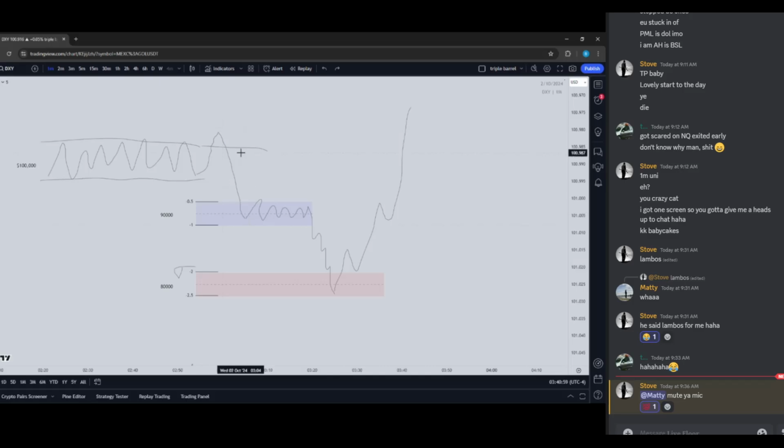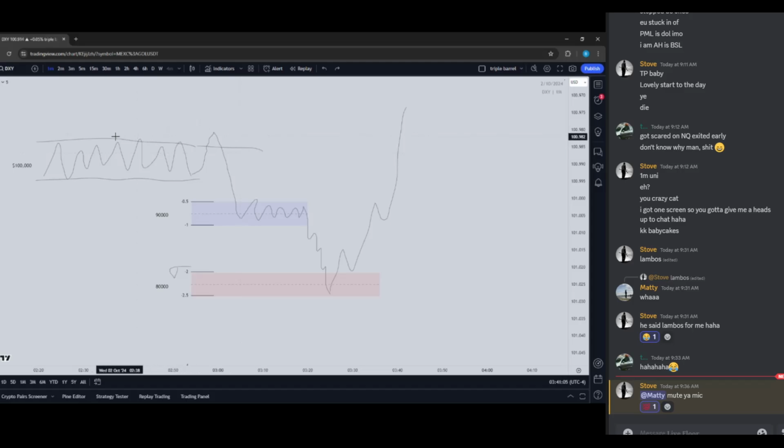It's not like they're thinking, oh, we need to use ICT's PO3 model to run out all these stops. They're simply just putting a macro in to say, if it goes above here, sell. If it goes below here, buy. And that's all they're doing, is executing that way.